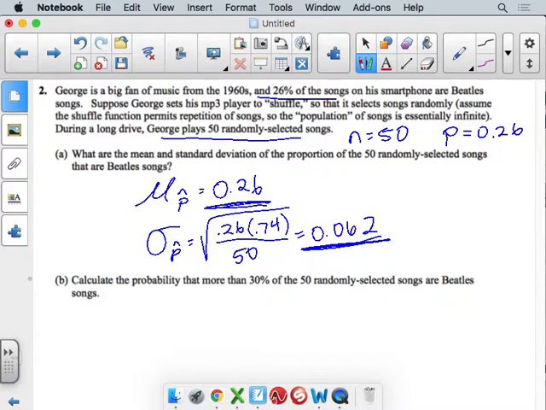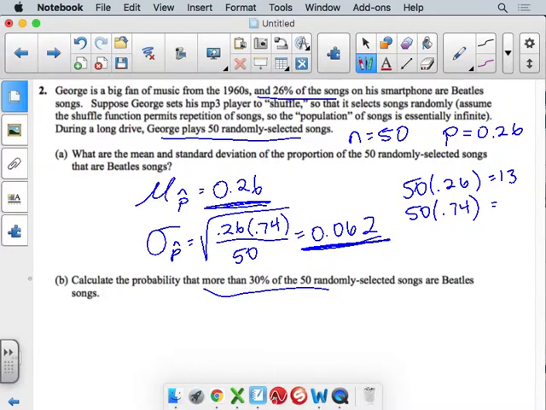All right. Calculate the probability that more than 30% of the 50 random songs are the Beatles. So before I do this, I need to check, do we have a normal distribution? 25% of 50 is about 12, so I think 13 is what I'm going to guess. I actually didn't do it, but that's just my number.